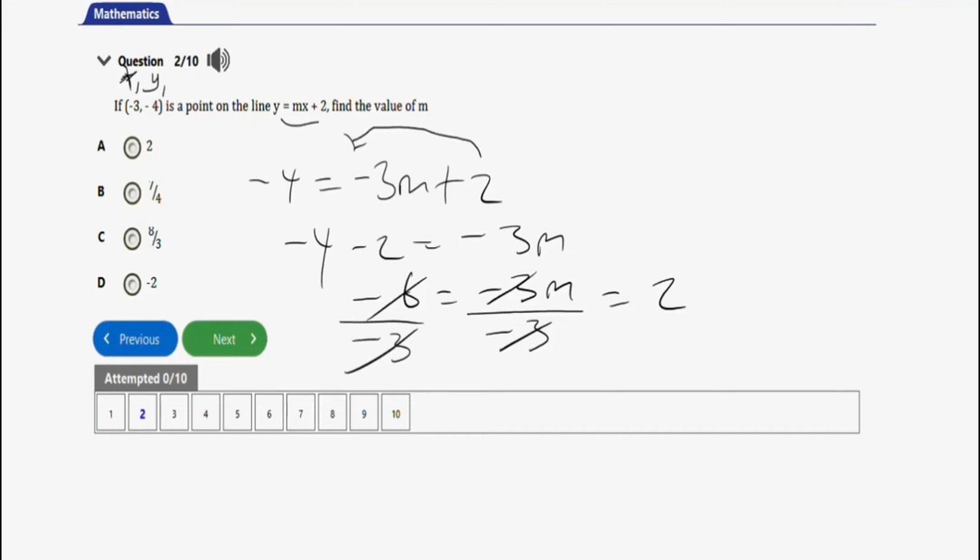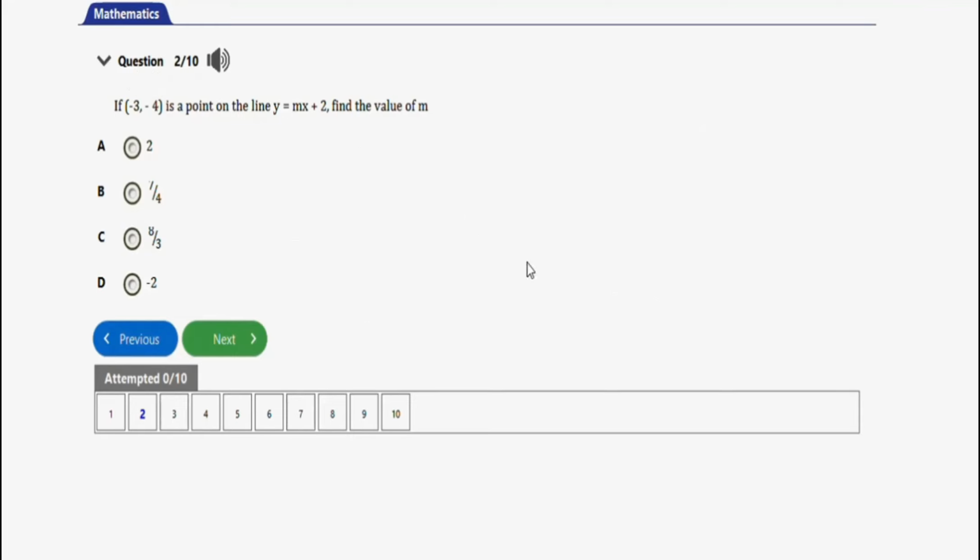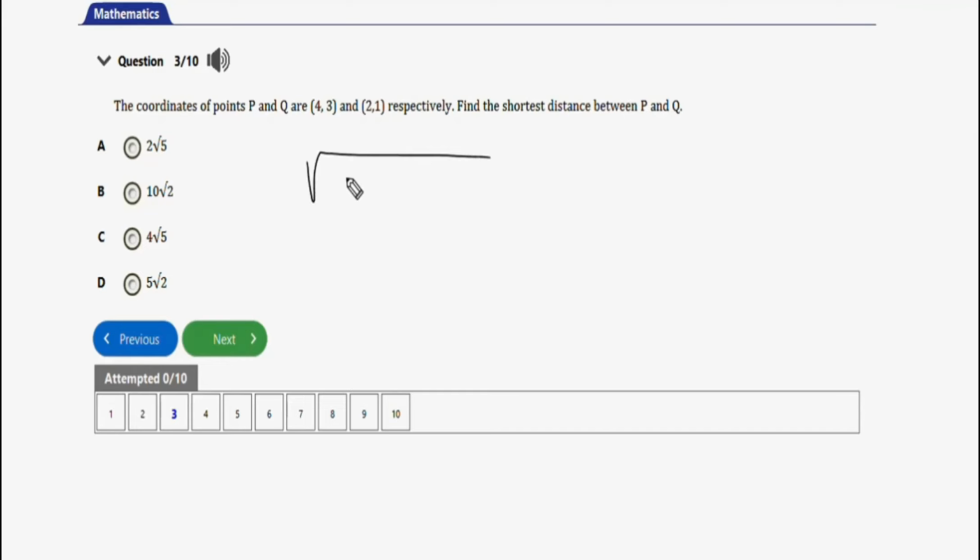Let's wipe this now, solve the next repeated question. So the next repeated question will be this one. It says the coordinates of points P and Q are this and this respectively. Find the shortest distance between P and Q. Okay, so the formula for finding distance in coordinate geometry of straight lines, we have it to be square root of, in brackets, x2 minus x1 square, okay, plus, in bracket, y2 minus y1 square.